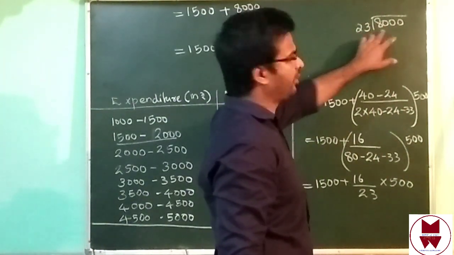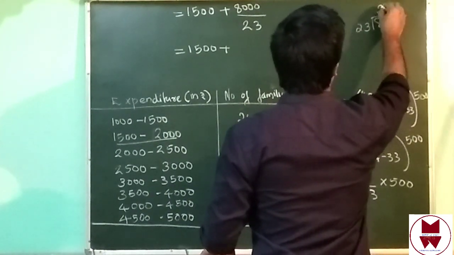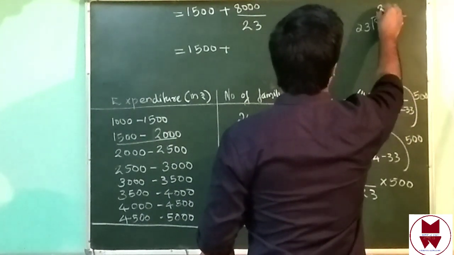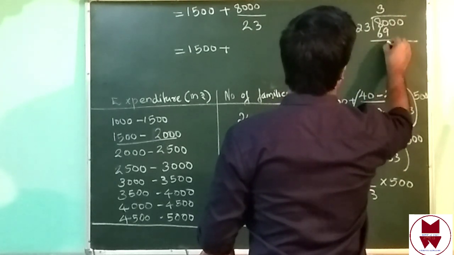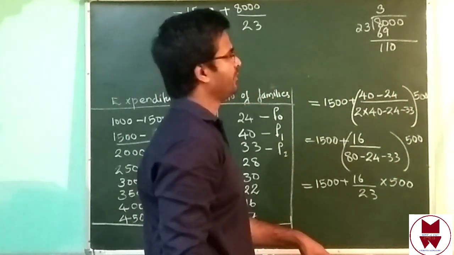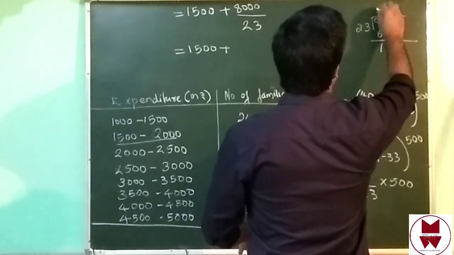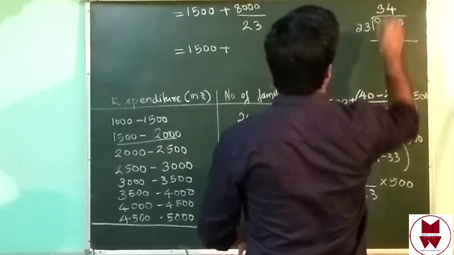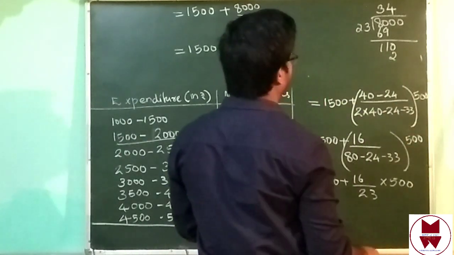In 80, how many times 23? That will be 3 times. 3 into 3, 9. 3 into 2, 6, 69. Then you will get 11. Write 0 downside. In 110, 4 times, then 4 into 3, 12, remainder 1.